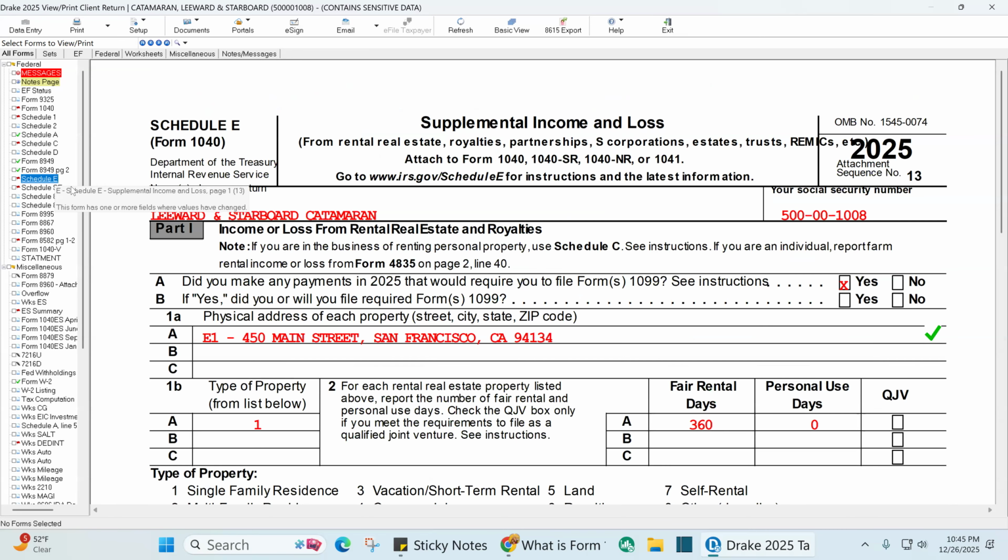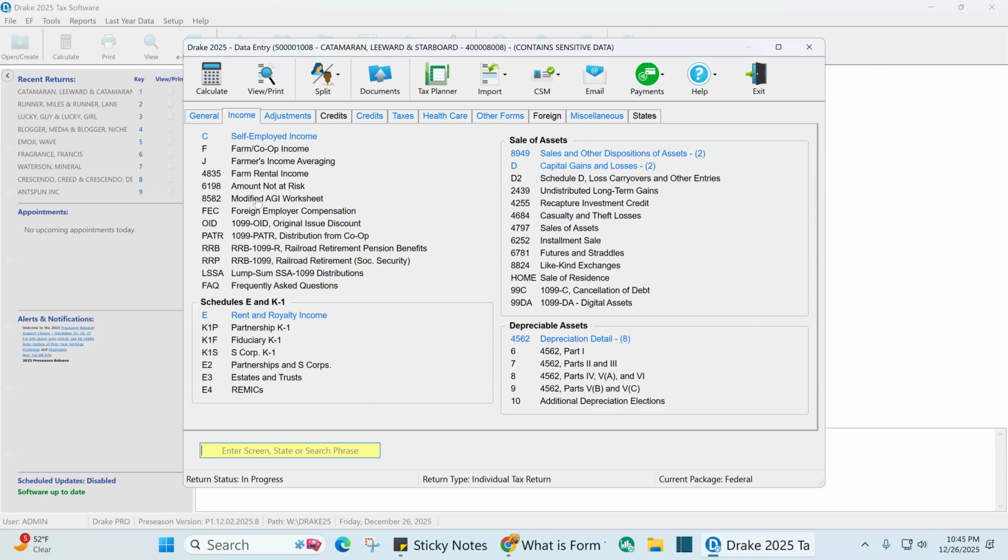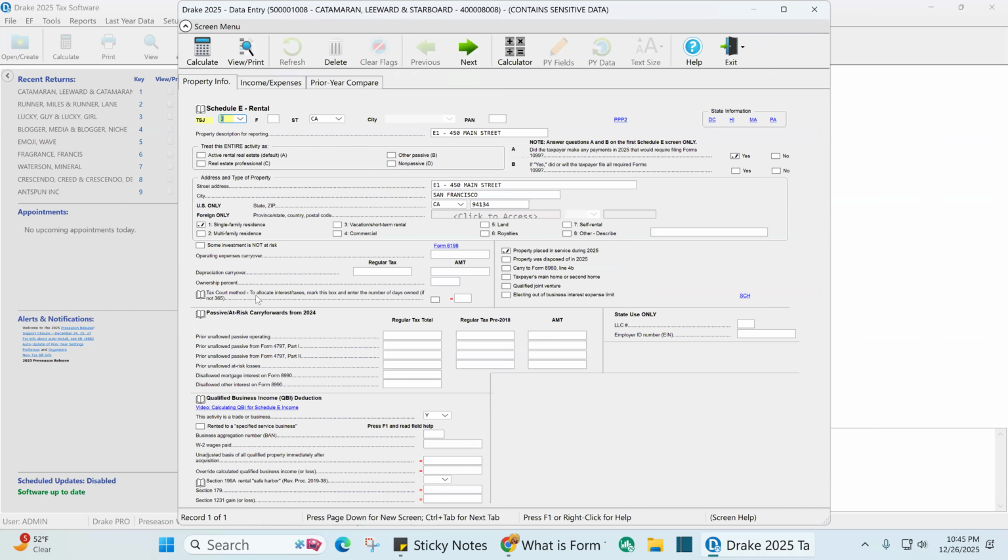The rental property. The rental property is something new, this one. We are approaching the closing of the individual tax return.